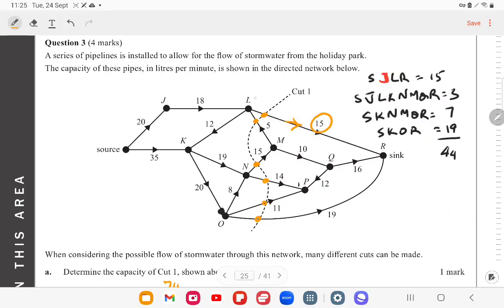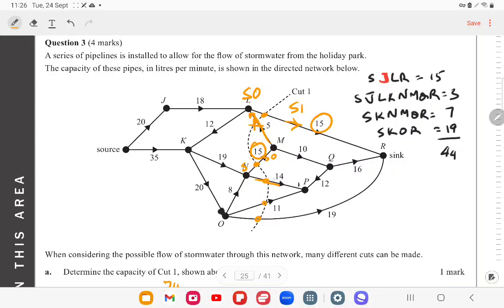Now, the ones that are included are this edge, because it is from the source side to the sink side, and this one flows from the sink side into the source side, so it's not included. This edge flows from the source side to the sink side, included.